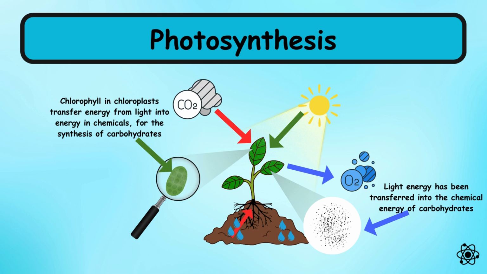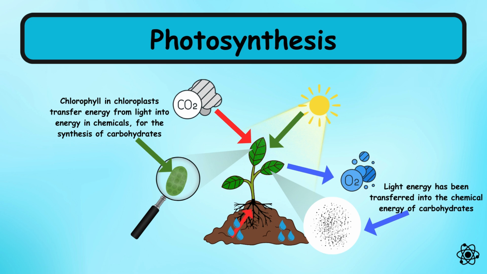So, absorbed light energy from the sun is used to convert carbon dioxide from the air and water from the soil into a simple carbohydrate or sugar called glucose. Oxygen is released as a byproduct.